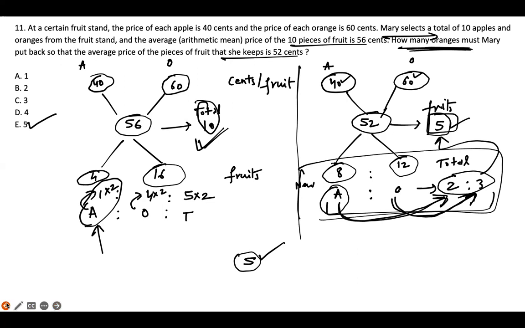Based on that, the total number of fruits is coming out to be 5. Initially, there were 10 fruits, or with respect to oranges, initially there were 8 oranges. Right now, there are 3 oranges. That means there is a difference of 5. So he has put 5 oranges back. Got it, sir.